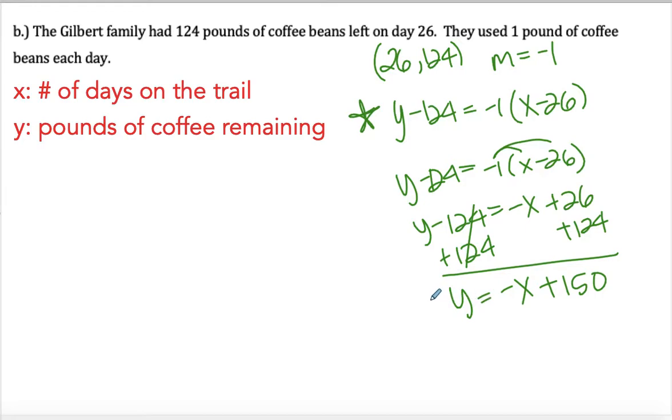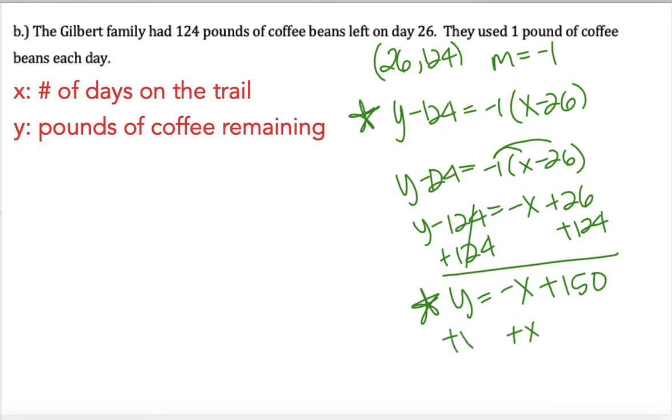And so there is slope-intercept form, and we can quickly and easily translate from slope-intercept form to standard form by moving the x term to the other side of the equation. If I wanted to get that negative x to the other side, the opposite of a negative x would be plus x.